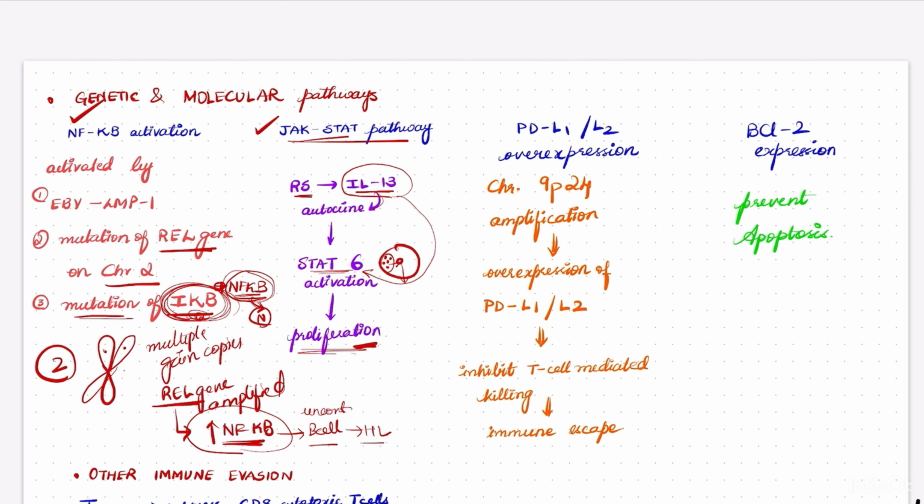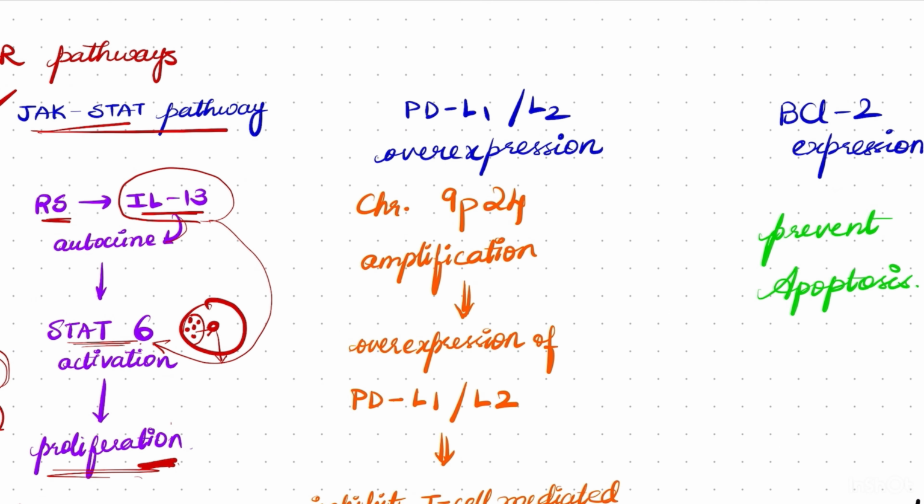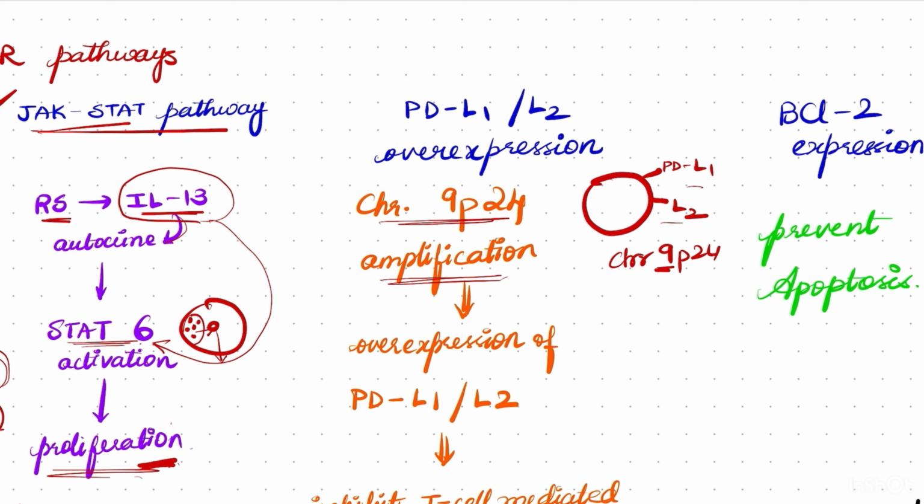Coming to PD-L1 and PD-L2 overexpression. PD-L1 or PD-L2 are present on the cell surface. Whenever there is an amplification of chromosome 9p, they are encoded by chromosome 9p24, or remember 9.